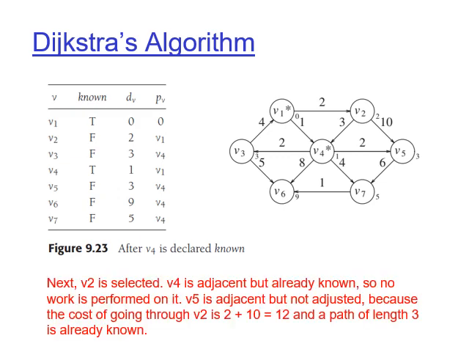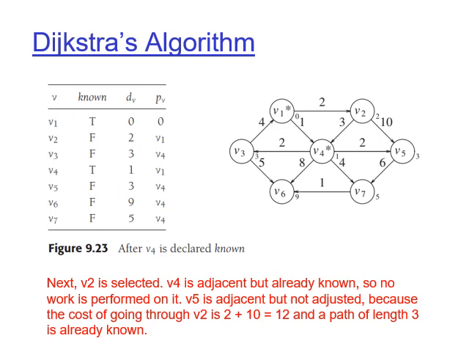So that is V2. So that means we should continue our journey via V2 now, because V2's distance from V1 is the shortest among all the nodes that have been discovered but are not known yet, right? So what we do is we will start our journey from V2.